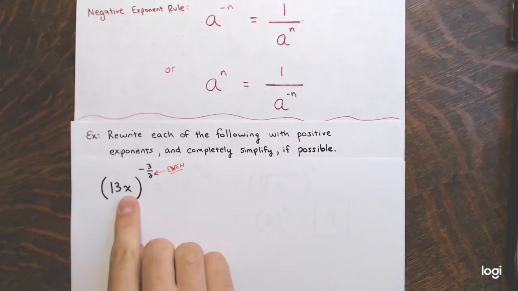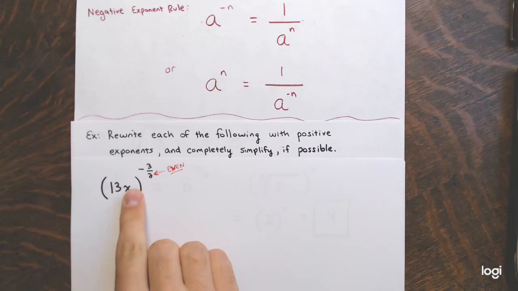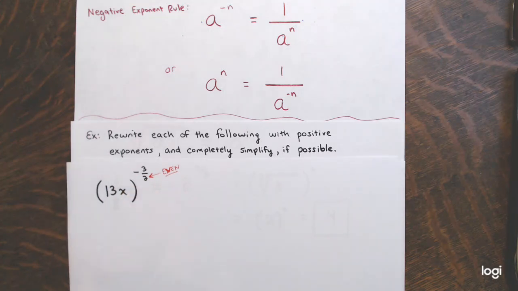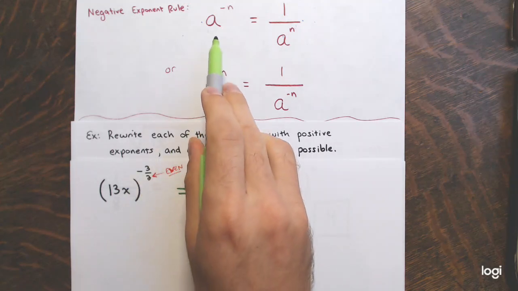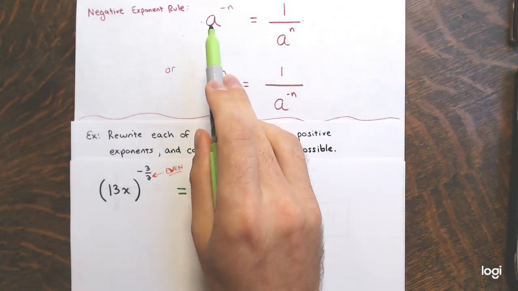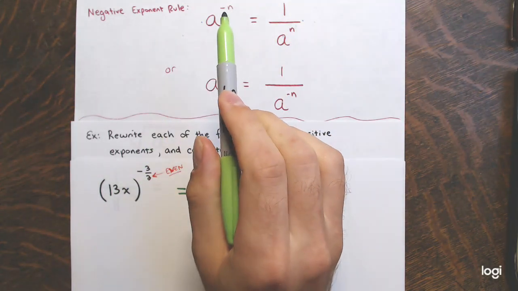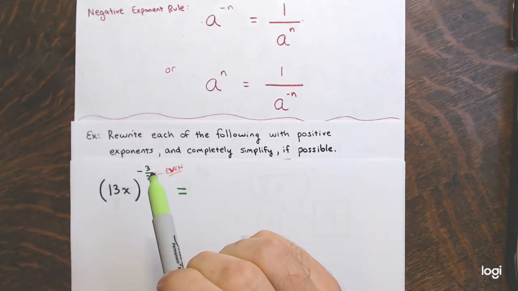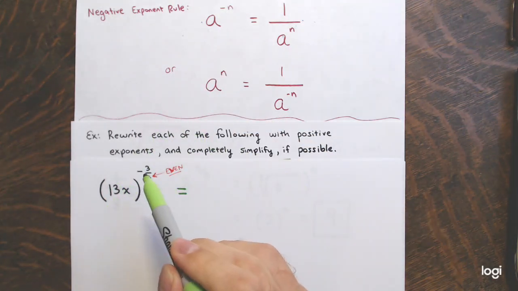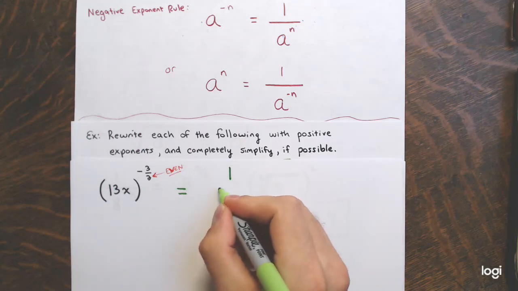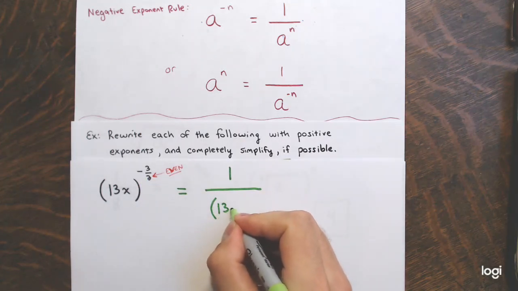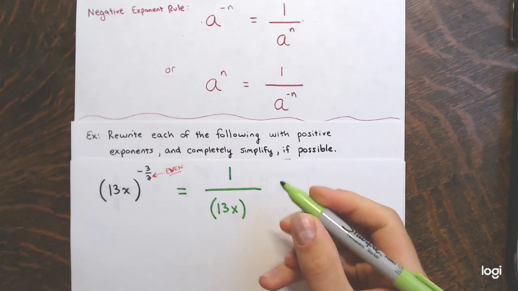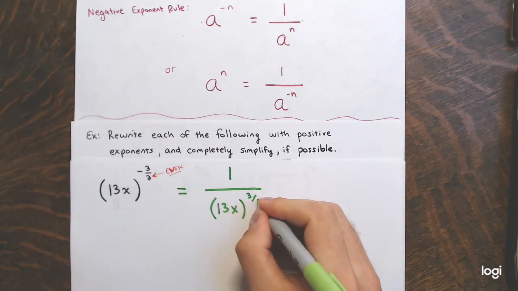Also, it can't be 0. You're going to see when I rewrite this with a positive power. Remember this is like this rule up here now, where the a is 13x and the n is 3/2. So 13x to the negative 3/2 is just the reciprocal, 1 over the positive power, 13x to the positive 3/2.